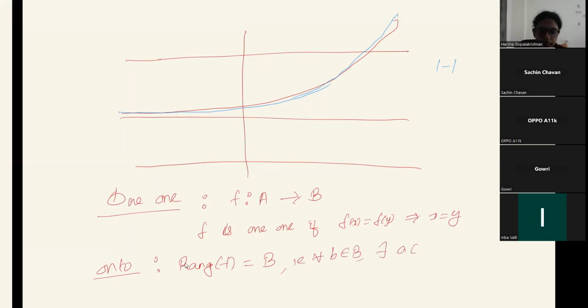Is the definition of ontoness clear? If f is a map from A to B, and for any b in B we are able to find an a in A such that f of a equal to b, then it is said to be onto. Clear?